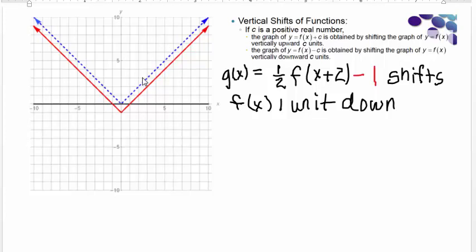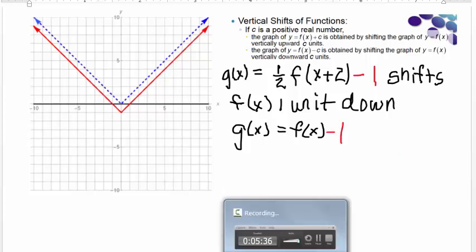And the graph of f of x is now a dashed graph, because once we shift 1 unit down, in other words, all we've done so far is g of x equals f of x minus 1. So that's what you see on the graph right now.